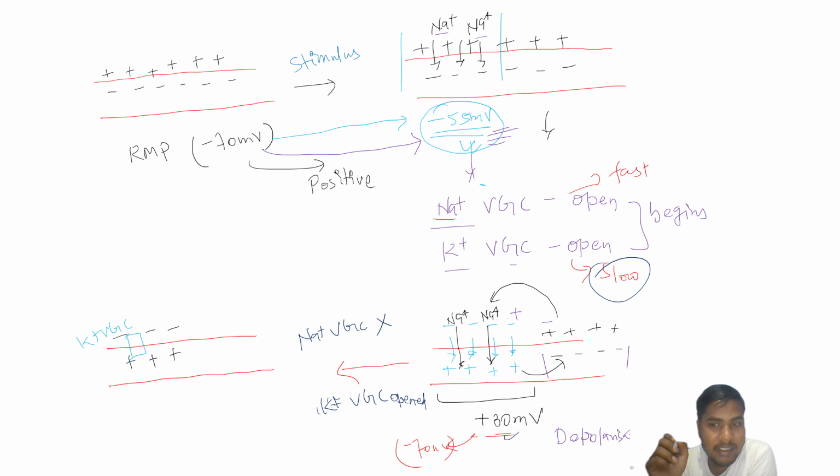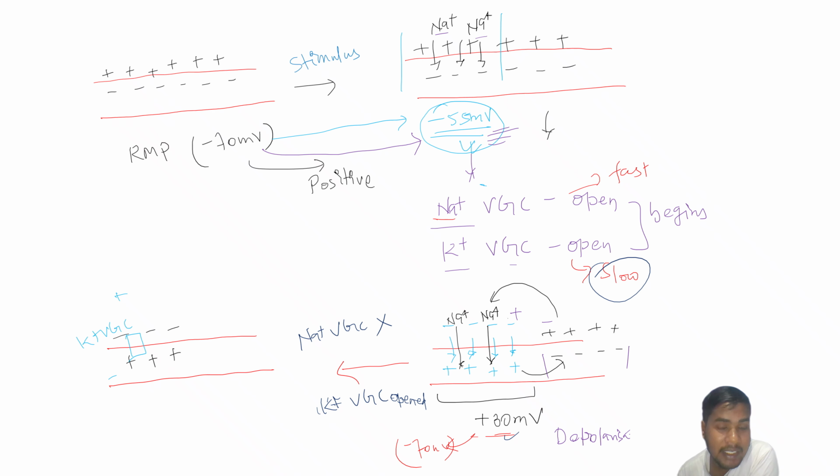Since the K plus VGC is opened, only K plus will be allowed to move. So in which direction will K plus move? That is determined by the electrochemical gradient of K plus. Inside is positive and outside is negative, but the membrane has to maintain outside positive and inside negative. So how is that possible?